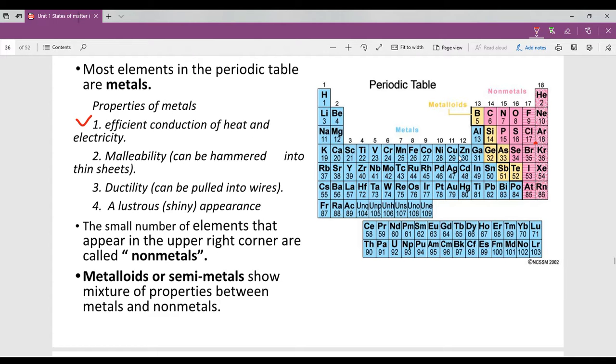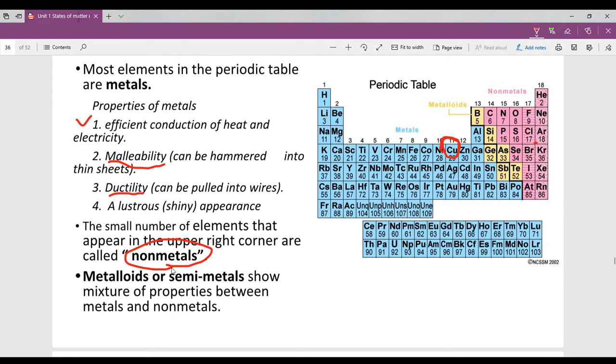When you think about metal, the classic poster child, copper, is a very good example because it conducts heat very well, conducts electricity very efficiently, and it can be hammered into thin sheets. That is a term in chemistry we call malleability. And then ductility is the ability to be pulled into wires. Copper can be pulled into wires, and then metals have a nice and shiny appearance. So those are the 4 unique properties of metal.